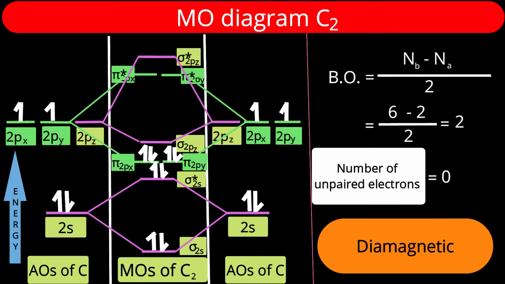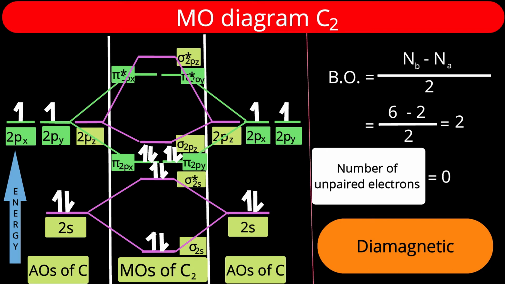Because by our convention, Z is our internuclear axis, internuclear direction. So the 2pz orbital, which is along the Z axis, will experience direct interaction with the other 2pz orbital. Direct interaction means head-on interaction. Because of that, the resultant bonding orbital will be much lower in energy. It's an expectation. Wait, you are not finding that in the diagram. I'll explain that. An antibonding orbital should be much higher in energy.